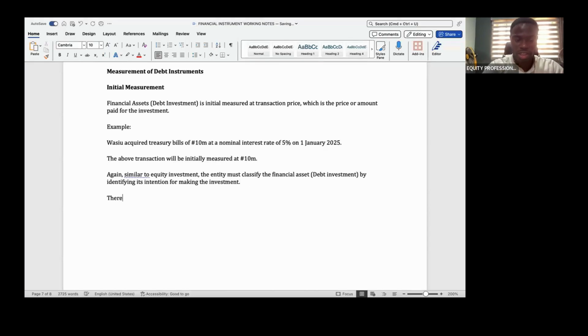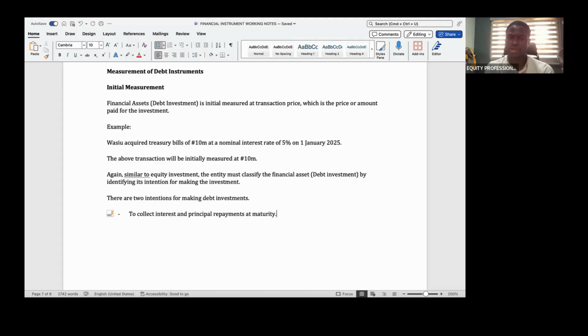So there are two intentions here too. There are two intentions for making debt investments. Number one is to collect interest and principal repayments at maturity dates, which is why most people would buy.